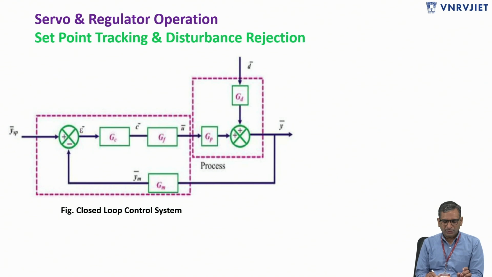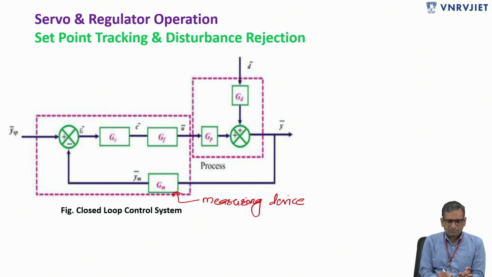that is the feedback. So let's say I have a measuring device here in the feedback loop. Consider YSP, this is the set point, or the reference signal.